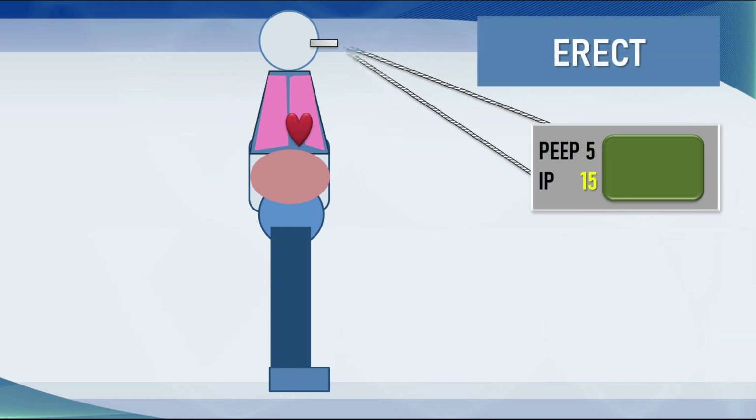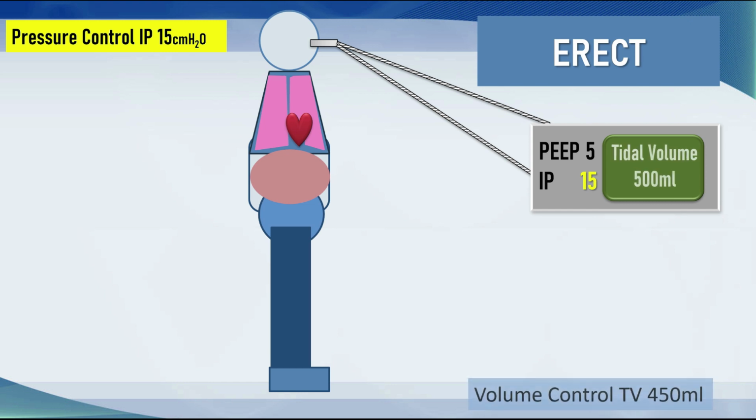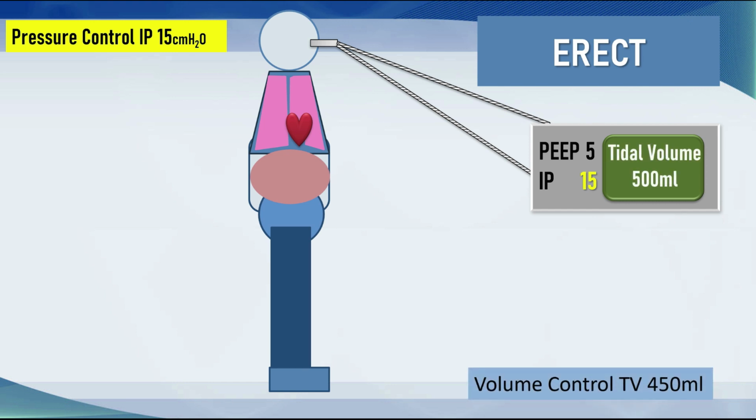So here we have Charlie standing erect and on a ventilator. We're using pressure control with an inspiratory pressure of 15 and a PEEP of 5. In this position, the tidal volume is 500 mils. Somewhere in a parallel universe, there's another Charlie who is on volume control ventilation, and that Charlie is receiving 450 mils.